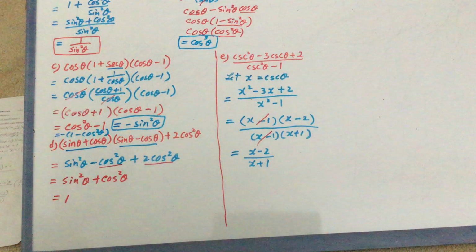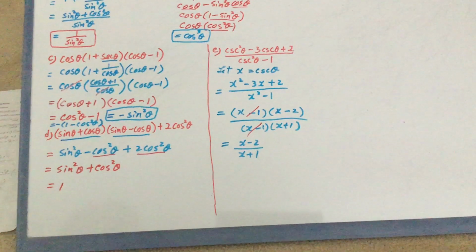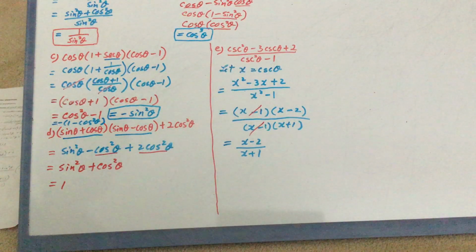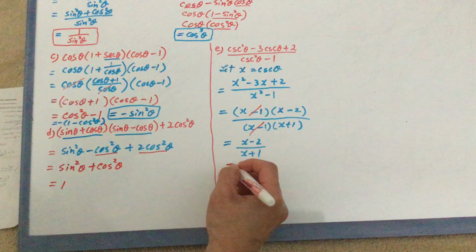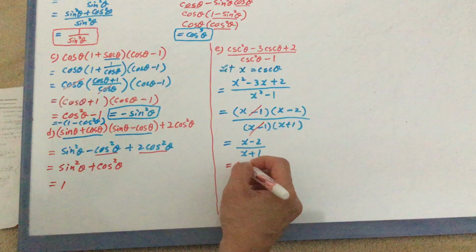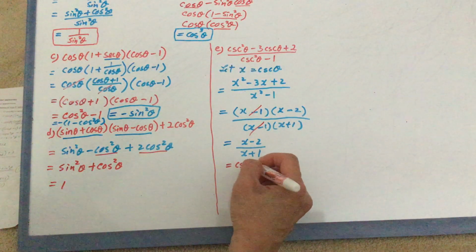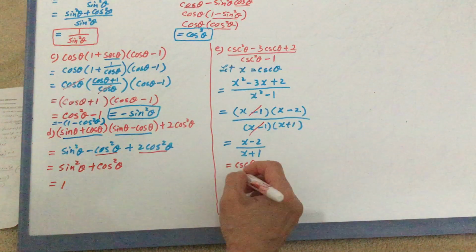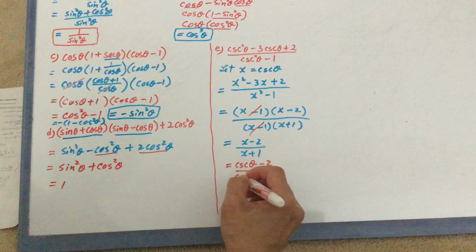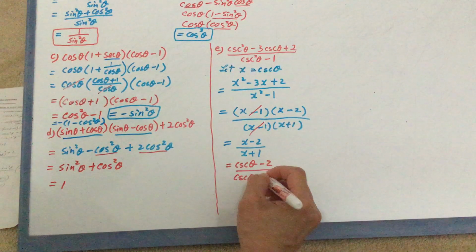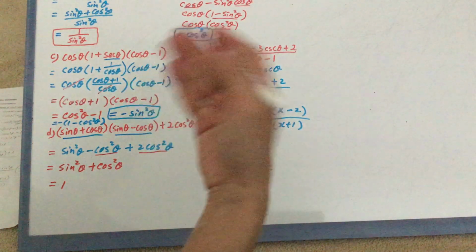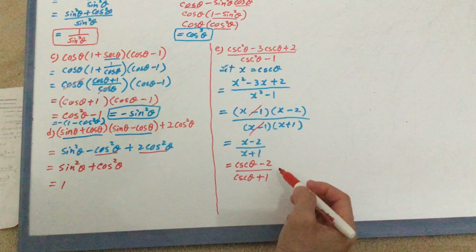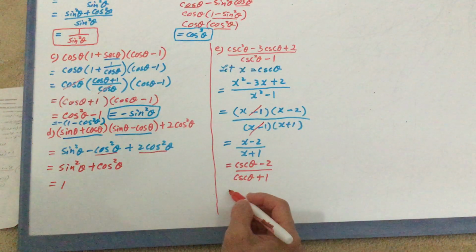Okay, but x in fact is the cosecant. So I will rewrite this as cosecant theta minus 2 over cosecant theta plus 1. So now I can turn everything into fractions.